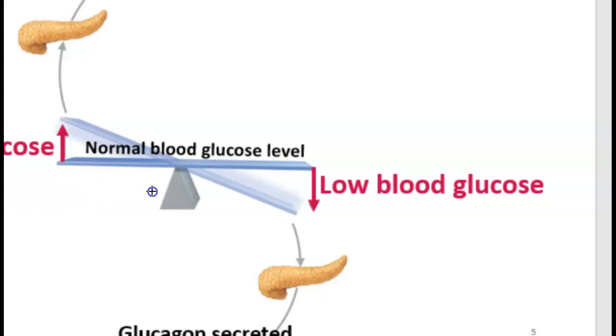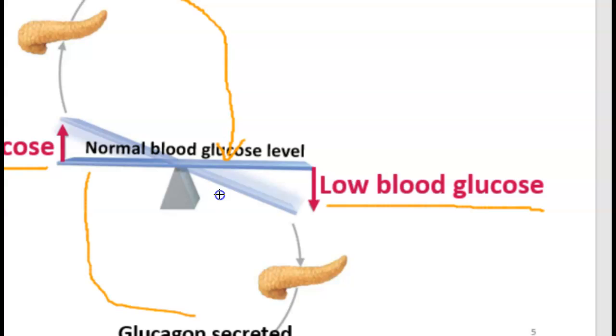When blood glucose is high, then the pancreas makes insulin. Insulin lowers blood glucose so that it goes back down to a normal level. If blood glucose drops too low, then the pancreas secretes glucagon, and that causes the blood glucose to rise, and so a normal level is reached again.